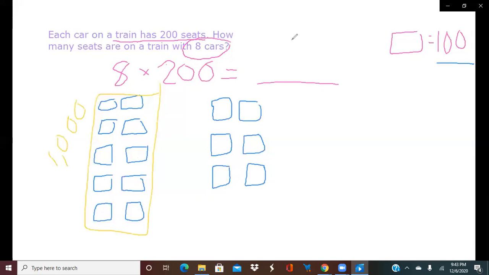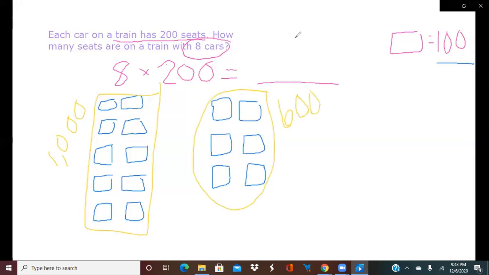All right, let's keep counting and see how many we have on the other side. 100, 200, 300, 400, 500, 600. So now on the remaining cars, we have a total of 600.